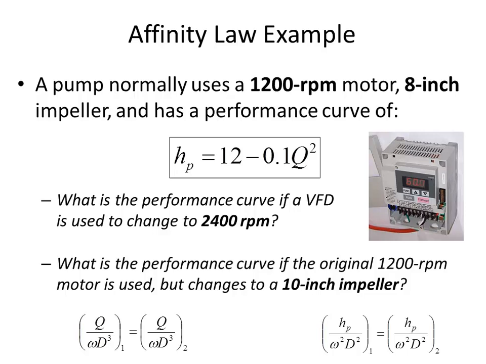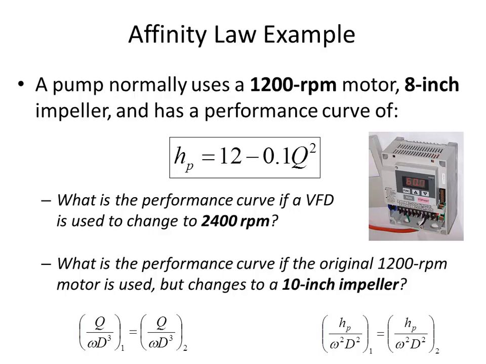So originally we have an equation for the pump performance. And this is for a rotational rate of 1200 RPM and 8-inch diameter. And we're wondering what will happen when the same pump is rotated instead of at 1200 RPM.